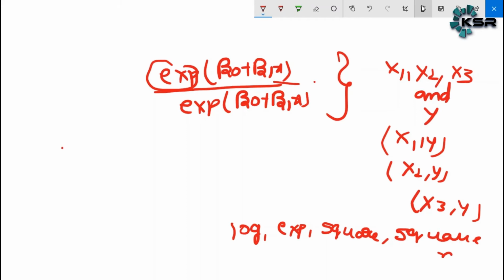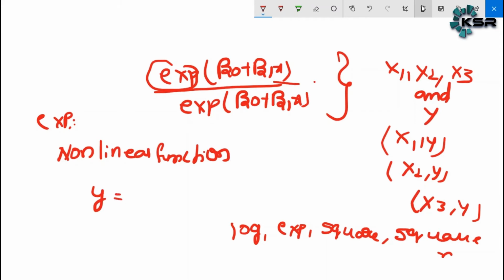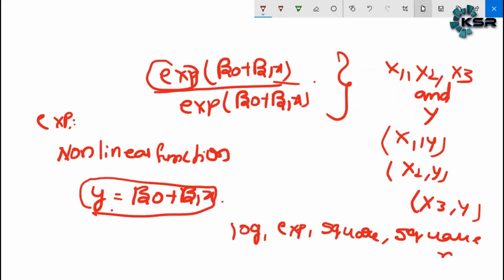So exponential is a non-linear function. Am I right? Here, what is the equation? Y is equal to beta naught plus beta 1x. What is this equation? Linear equation only.